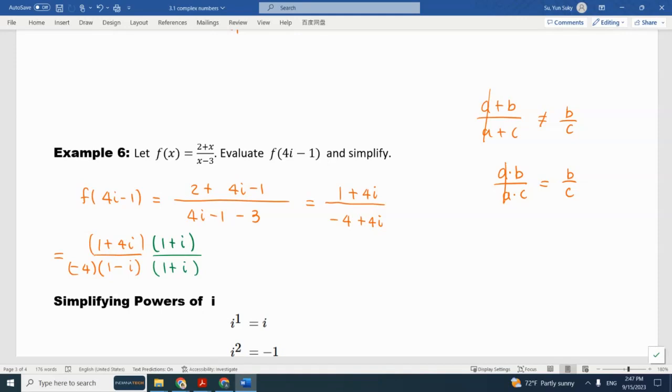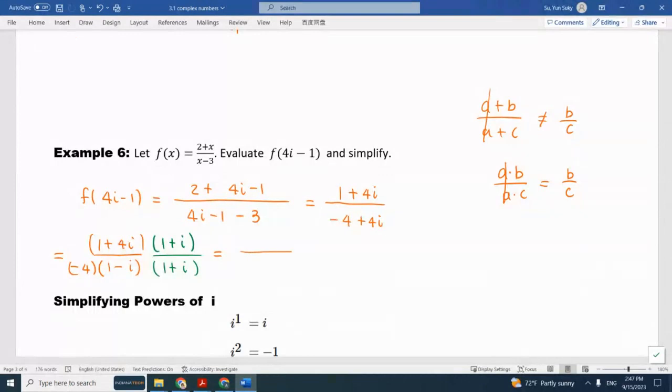Look at the calculation. You only need to multiply by 1 plus i. Do you want to multiply by minus 4i? I look at the negative, I get easy. So this is much easier. It makes your calculation much easier. So just do some factoring if you see some common factor downstairs. Okay. All right, let's do that.